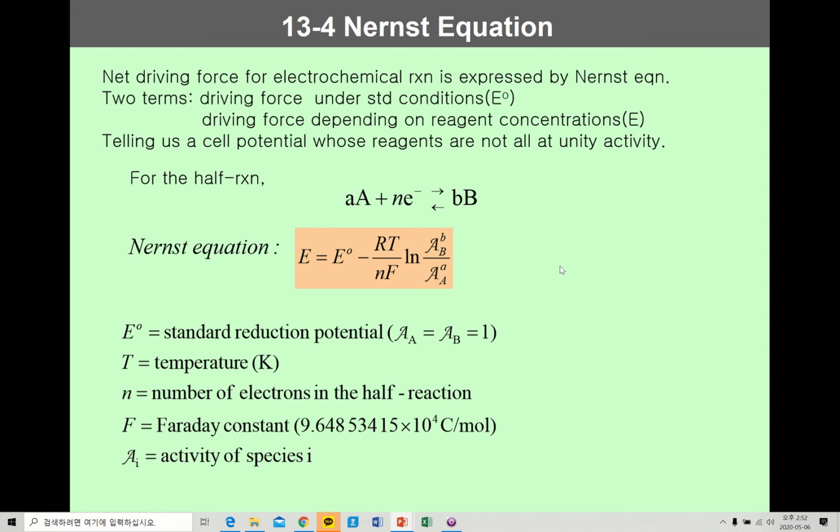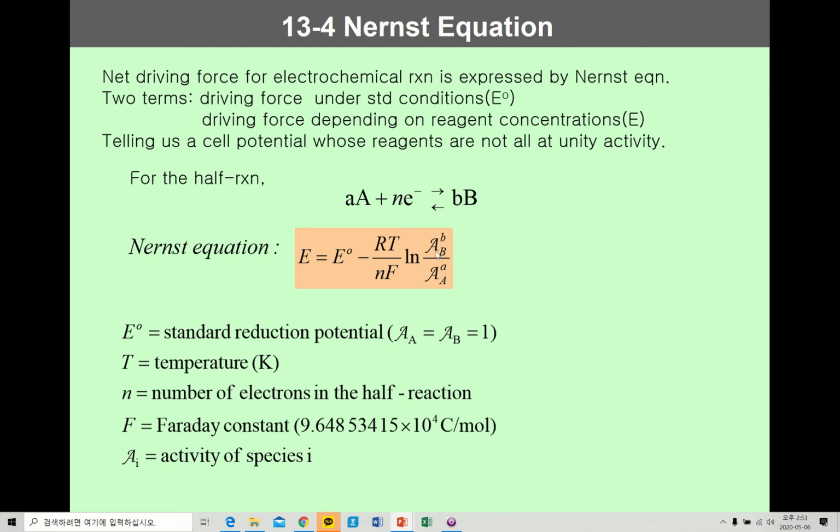Walther Nernst was a very famous physical chemist, and he was awarded a Nobel Prize for this work. Here, the net driving force for an electrochemical reaction is expressed by the Nernst equation.